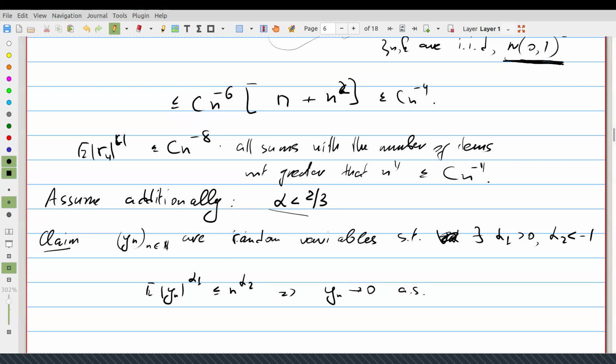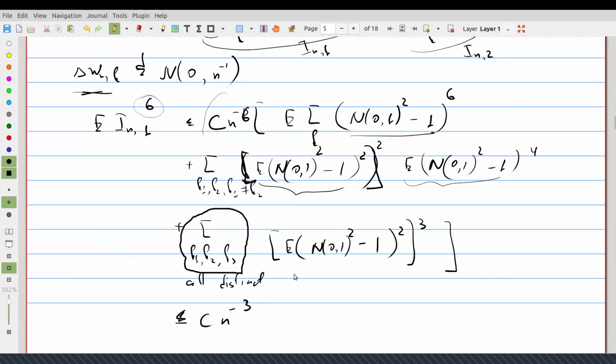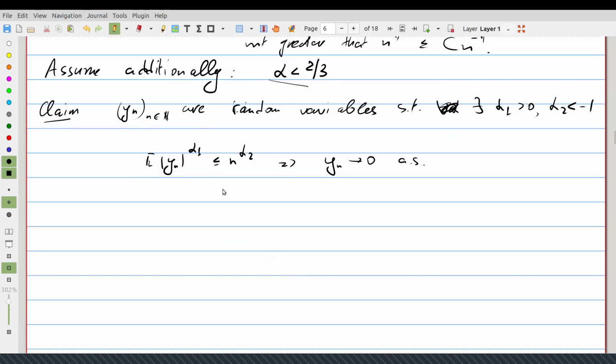This is exactly the same calculations that we did in the previous step. The series is going to be convergent, and that's effectively what you need.